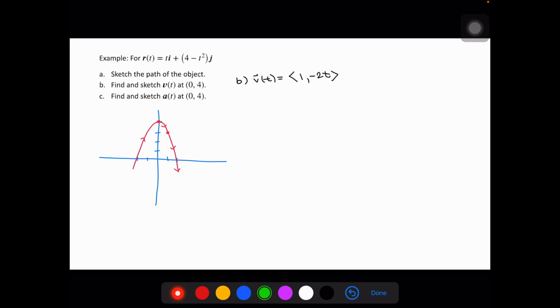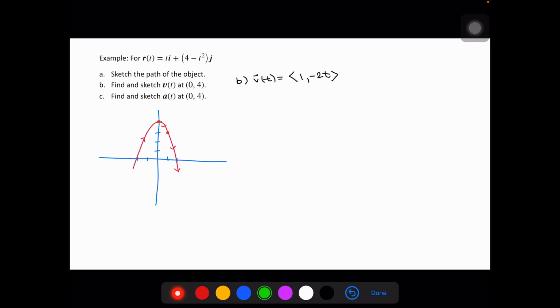And if you plug 1 in, you get x equals 1, y equals 3. So I plotted those 2 points, and then I can see that it is moving from t equals 0 to t equals 1. And so that shows the direction, or the orientation of that curve.